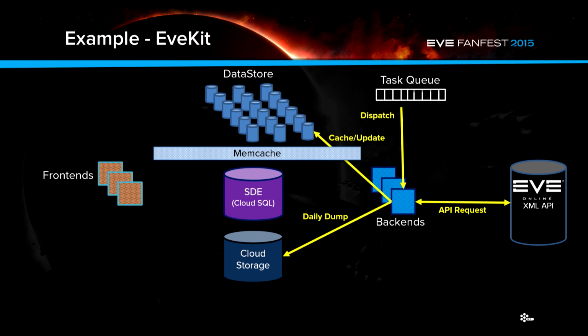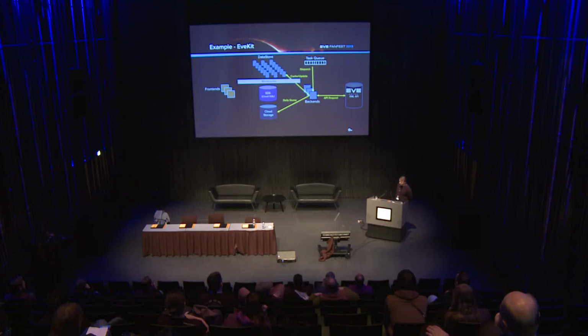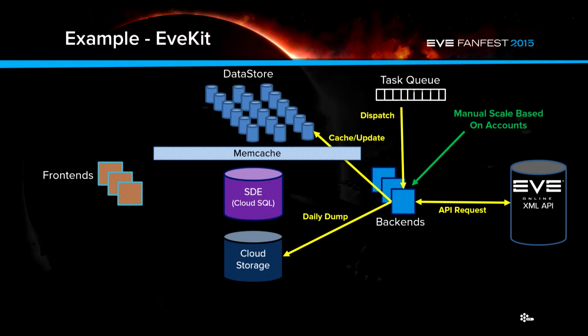And then finally, once a day, we do a scan over all of the data in the data store, and we dump it as a bunch of spreadsheets into cloud storage as a big object. I said before that the scaling here is fairly predictable just based on the number of accounts we have. So for scaling, I do manual scaling. I just have a variable I change, and that changes how many backends I need to run.